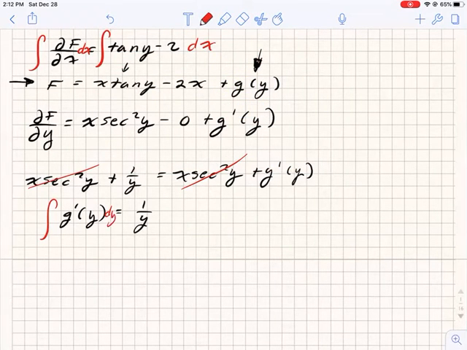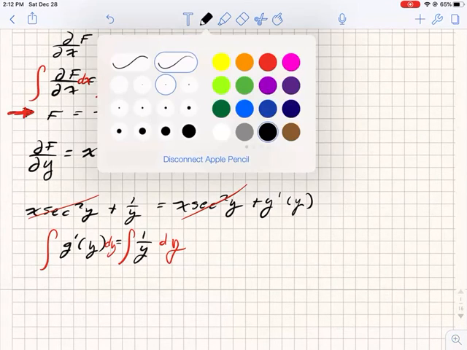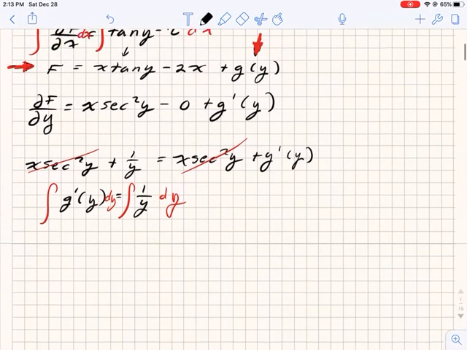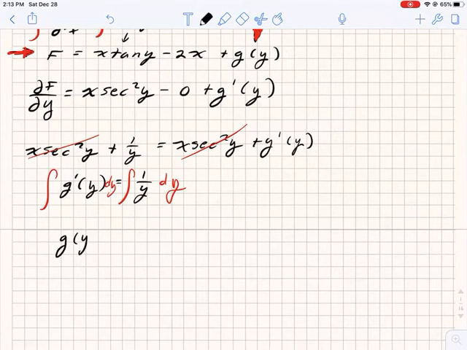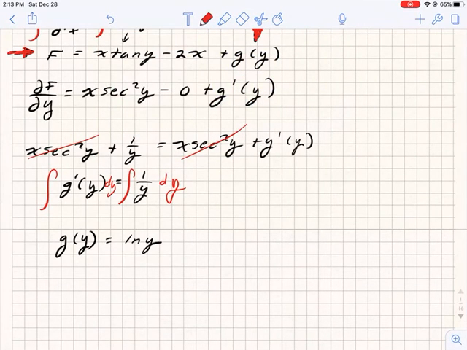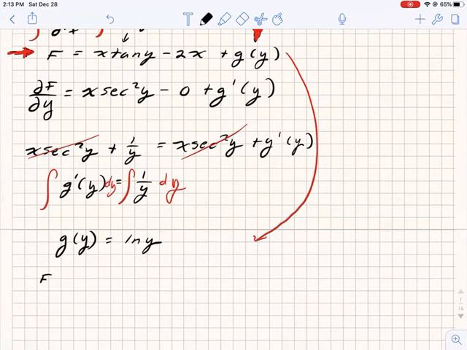Now if we integrate both sides with respect to y, we will obtain, remember what our goal here is, to find the f function. We need to figure out what the g of y function is. So we're going to integrate. So now we find out that the g of y function is equal to 1 over y, which is just ln y. And now we can plug in this function right here.